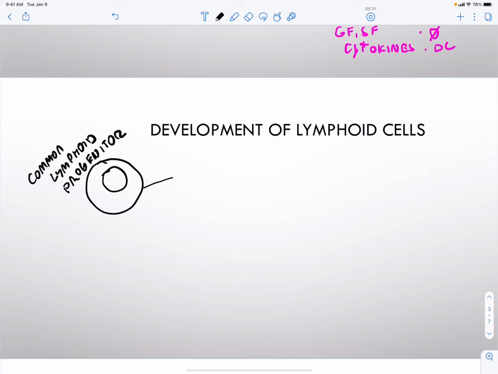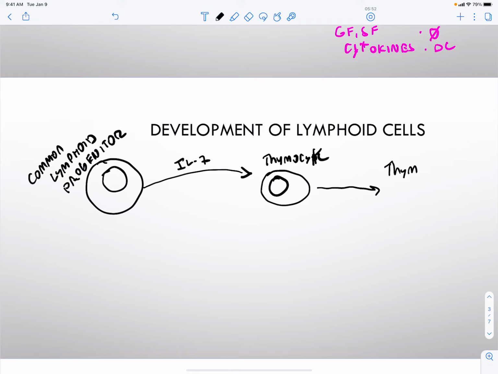We do know that interleukin 7 is going to drive a T cell, so you're going to generate a thymocyte. And then this is going to migrate to the thymus to become a T cell. And there is another signal, which we don't know quite, and it's going to become a natural killer cell.